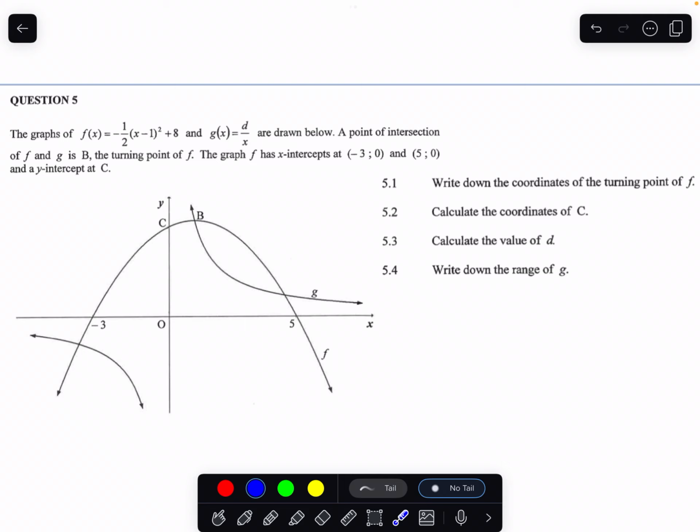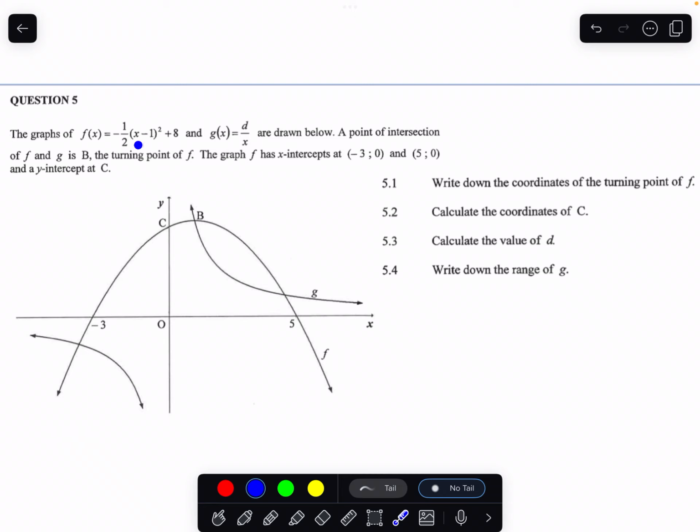They tell us that relative to your very plain parabola, y is equal to x squared, which would sit here, with its turning point at the origin, the negative makes it a downward facing parabola.